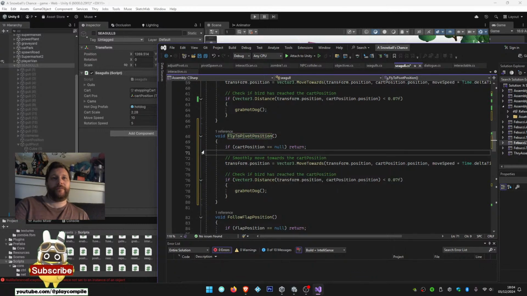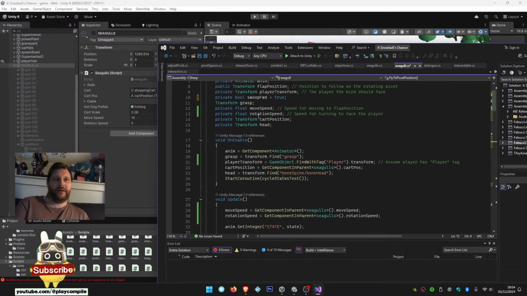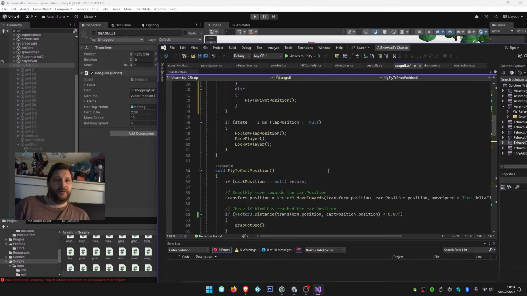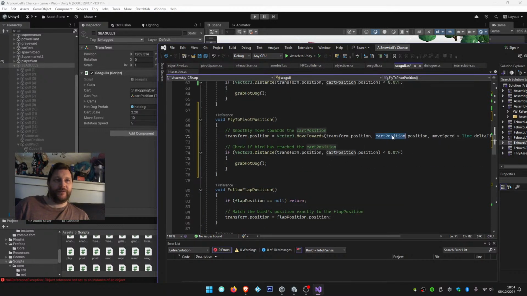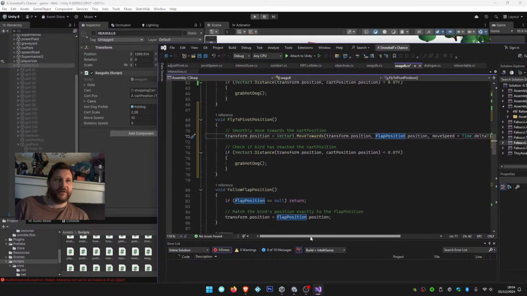So instead of transforming to the cart position, they have a transform of flap position. So we're going to transform to flap position at move speed times time.deltaTime.